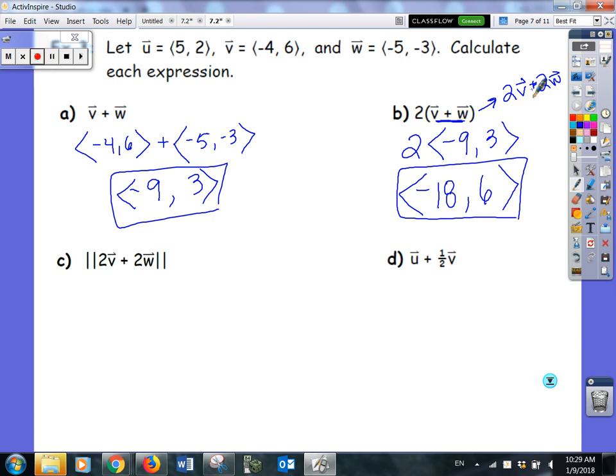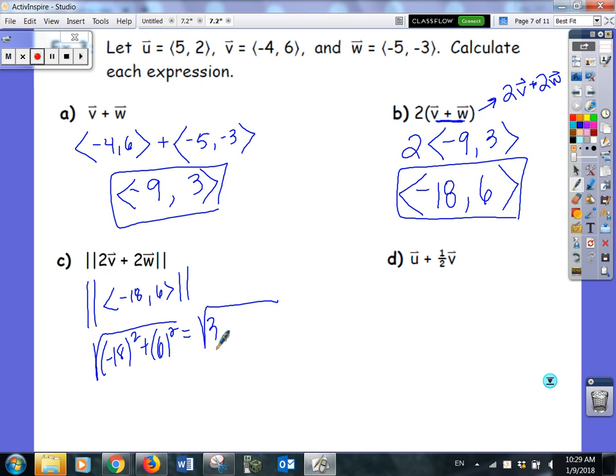It is <-18, 6>. So we're finding the magnitude of <-18, 6>. So the square root of negative 18 squared plus 6 squared. So we get the square root of 324 plus 36. So that's the square root of 360.